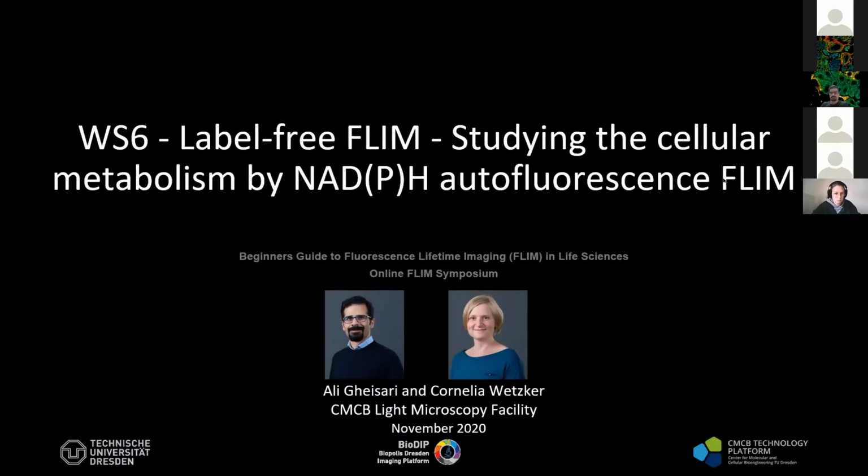And so far in the last few days, we have talked a lot about metabolic FLIM. We had several talks and long discussions. And since this morning, we have had two workshops talking about the Leica SP8 FALCON system. So today we are going to use the same system.